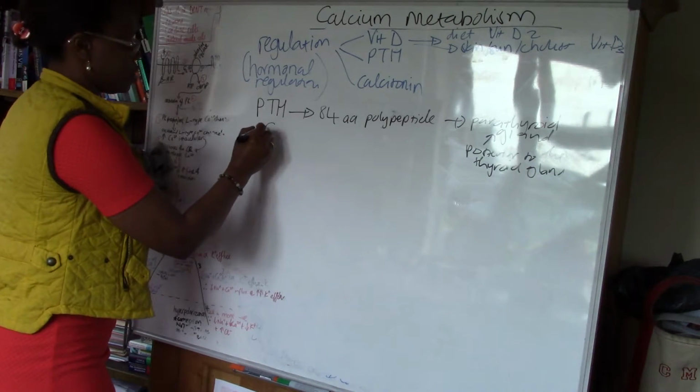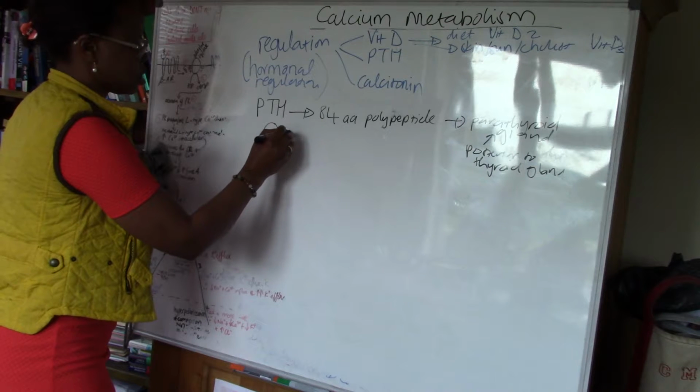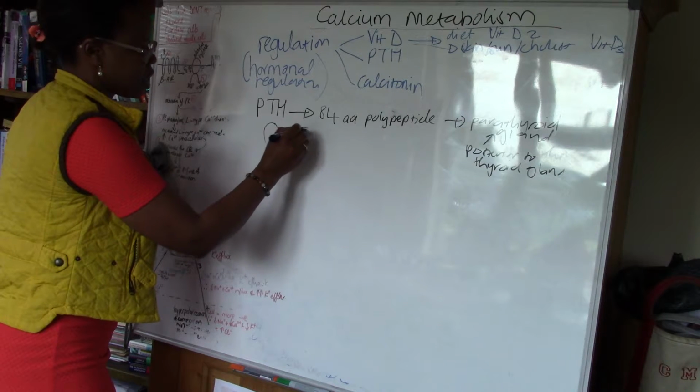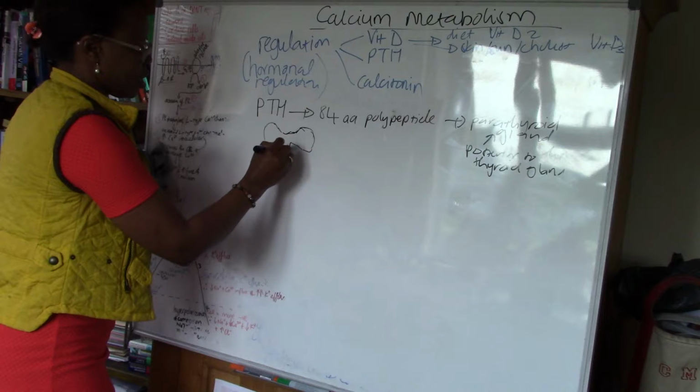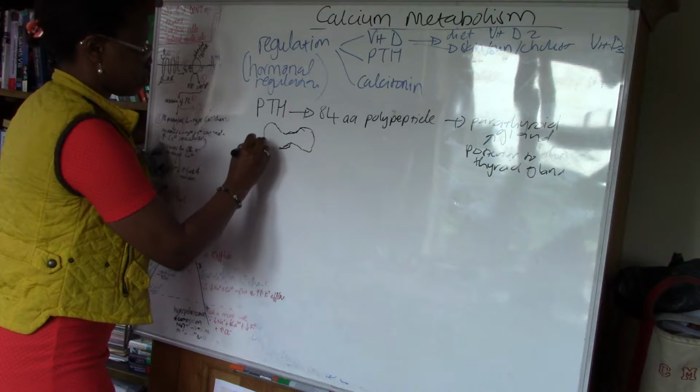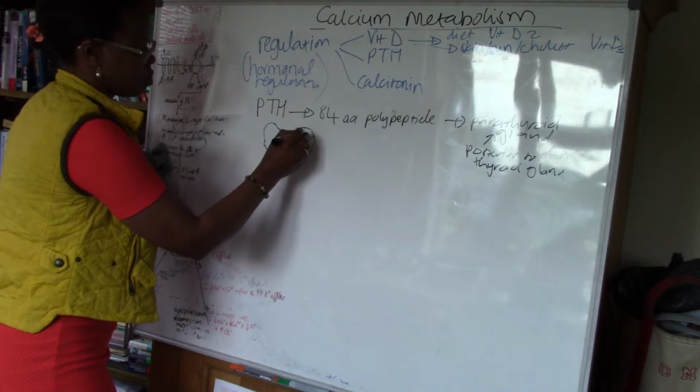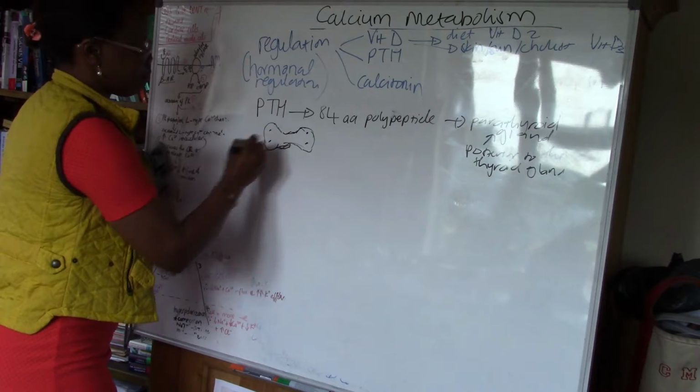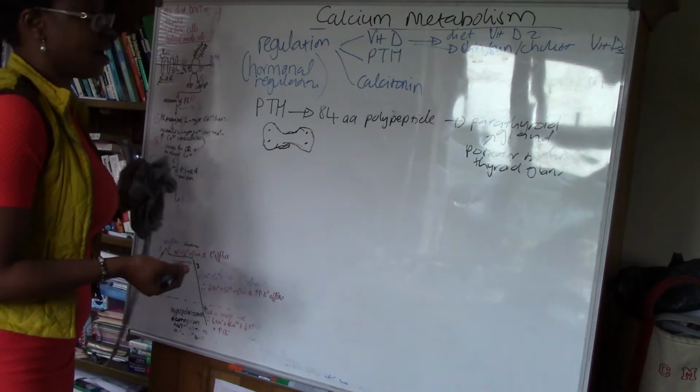So there's the thyroid gland sitting there in the neck, and posteriorly we'll have 4 parathyroid glands.